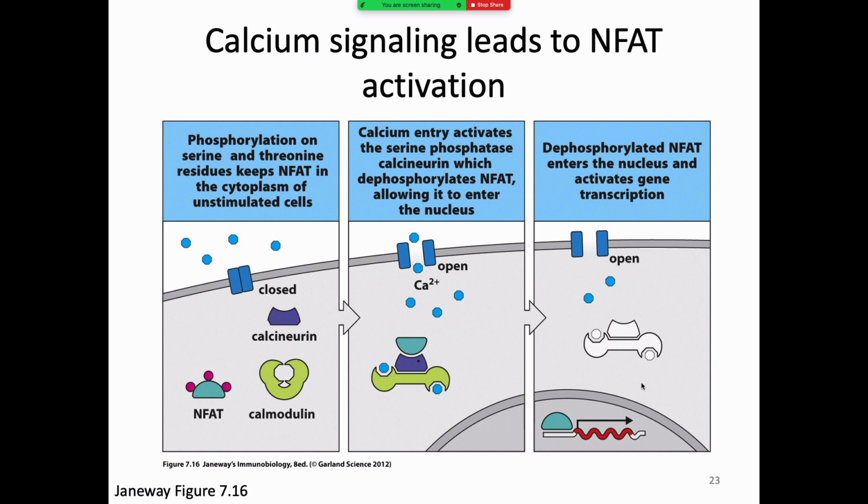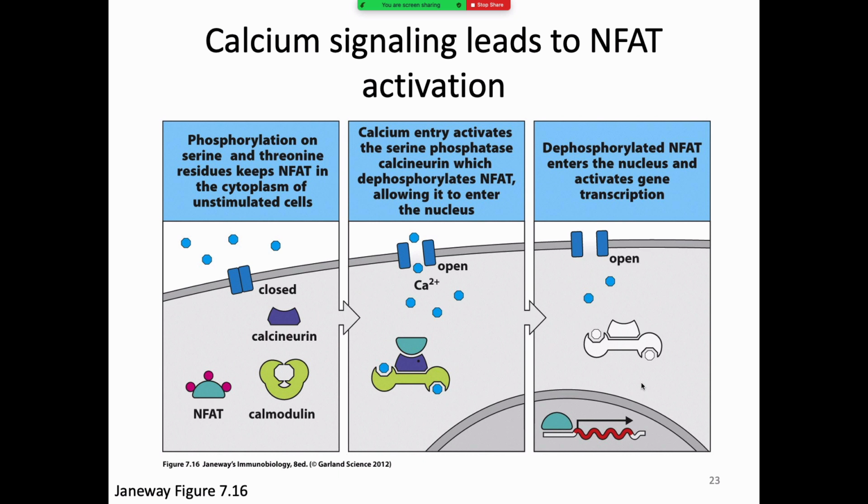And so we have a drug that will actually make it so that this part of the signaling doesn't happen, so that NFAT just sits there with its phosphates on it, never goes into the nucleus. That actually blocks T-cell activation. It's great for patients who are getting transplants, who don't want to reject their transplants. This drug is actually why we can do transplantation. Transplantation kind of wasn't really a thing before this drug.